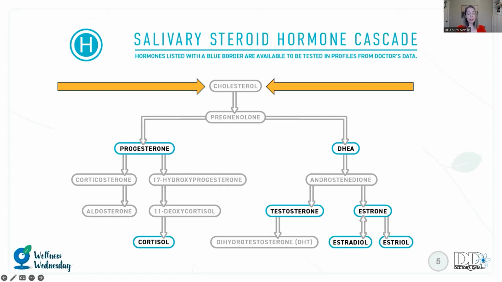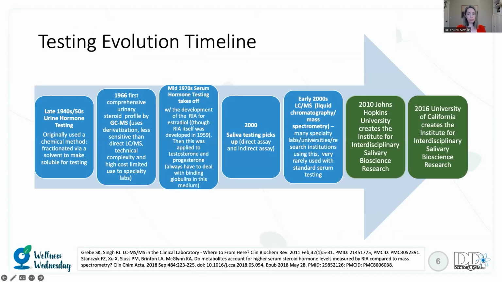But this simple concept is really essential when it comes to comparing the different mediums. And this is also why talking about steroid hormones is a very different conversation than talking about protein-based hormones, so something like thyroid hormone or luteinizing hormone. Very different methodology. So a little bit of history here.